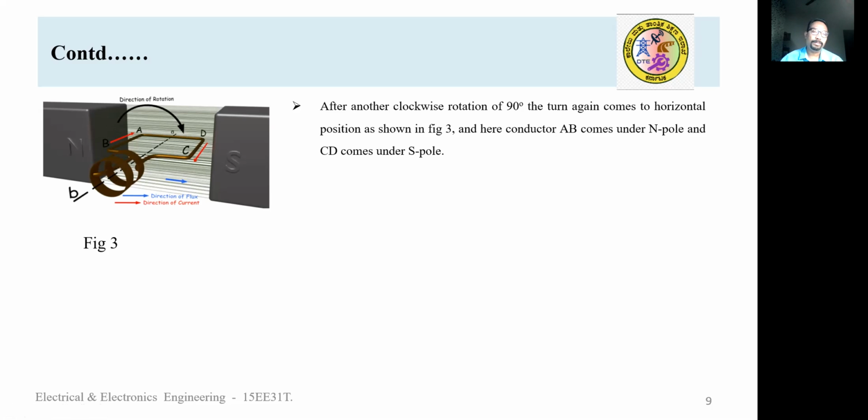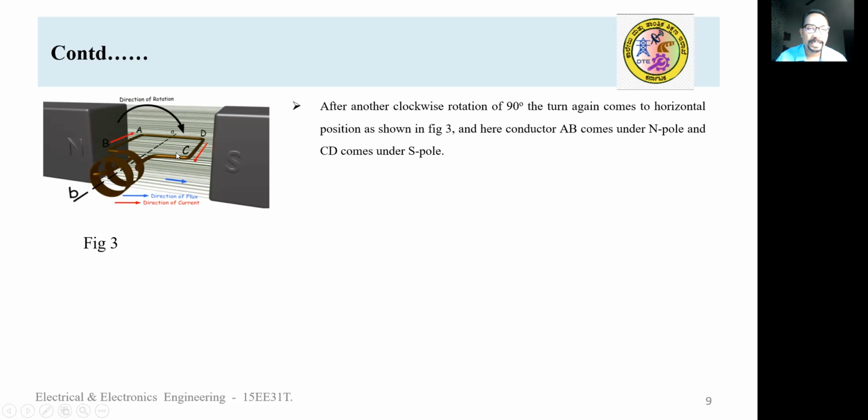Which is found from, again, Fleming's right hand rule, to be from B to A to D, D to C, and then to the slip ring and to the external circuit. So that means comparing the 90-degree position and 270-degree position, maximum EMF will be induced, but both are in opposite direction.